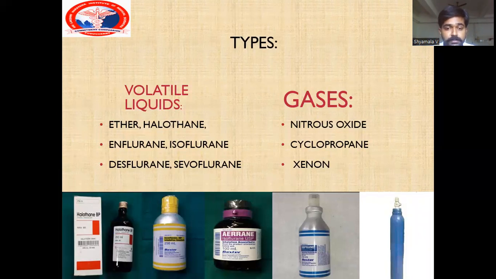These are the commonly used inhalation agents in different forms. Mostly it will be in a liquid form or a gaseous state. The volatile agents in liquid form are ether, halothane, sevoflurane, isoflurane, desflurane and enflurane. Everything will be in a liquid form.